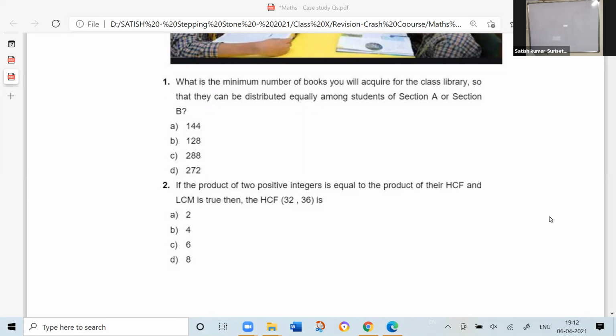You need to recognize the concept and you have to calculate accordingly. Tell me anybody what the concept you have to apply for the first problem. LCM. Correct. Good. So calculate LCM.